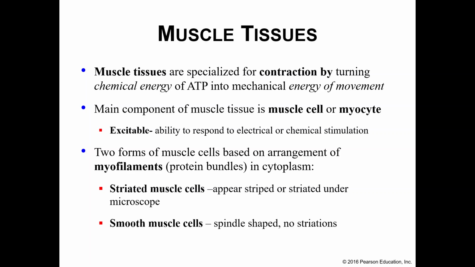If you are a striated muscle cell, you have a striped appearance under the microscope, so you look like you have stripes. If you are a smooth muscle cell, you have no striations. You will instead have a smooth spindle-shaped appearance, and a spindle is thick in the middle, and it tapers off and gets thin out to the sides.